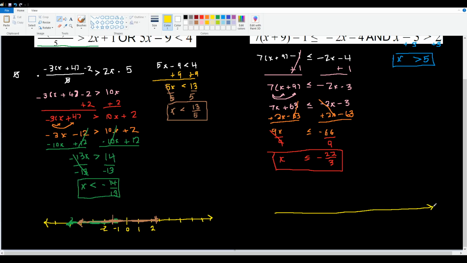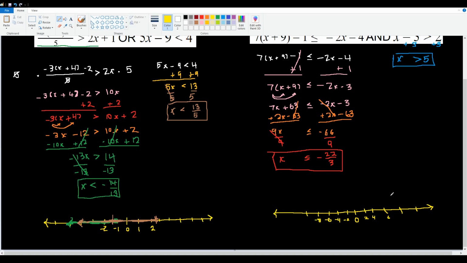I think I might do this in twos: 0, 2, 4, 6, 8, 10, and negative 2, negative 4, negative 6, negative 8.